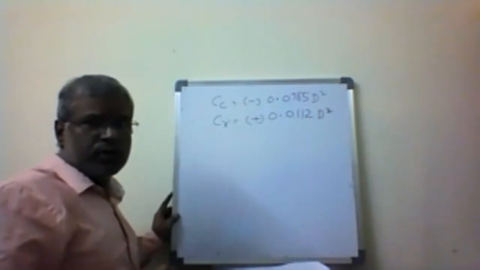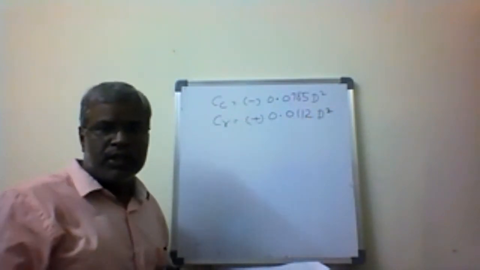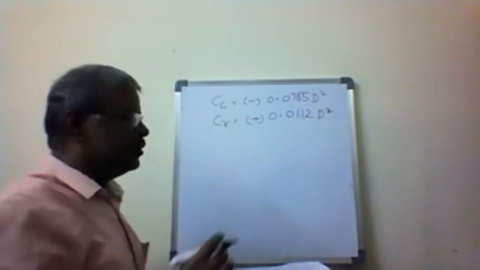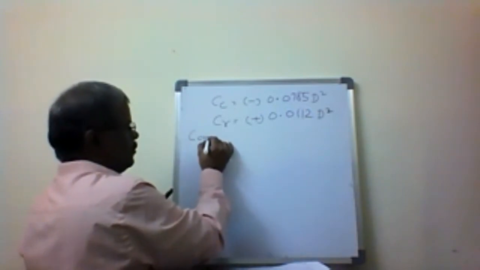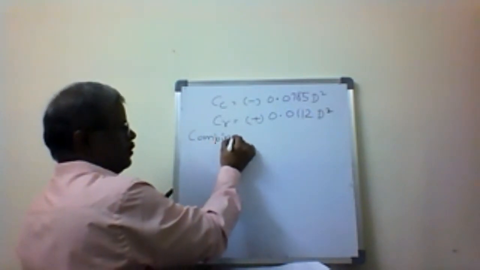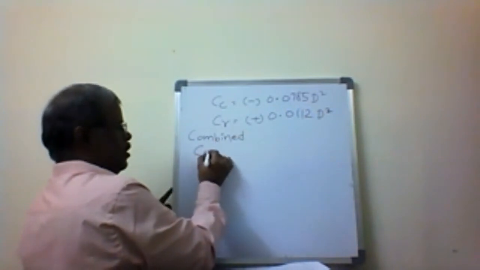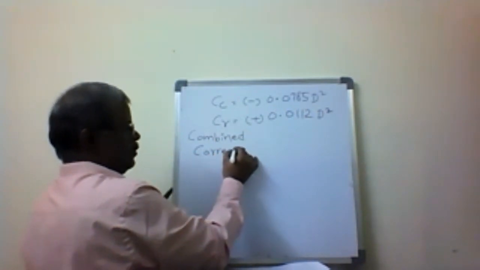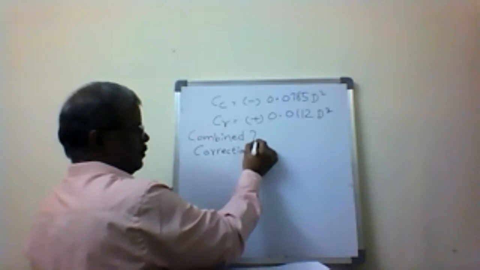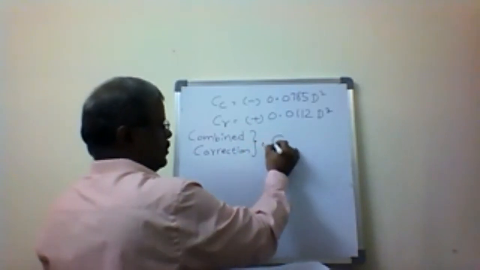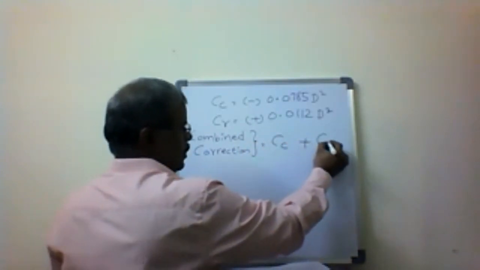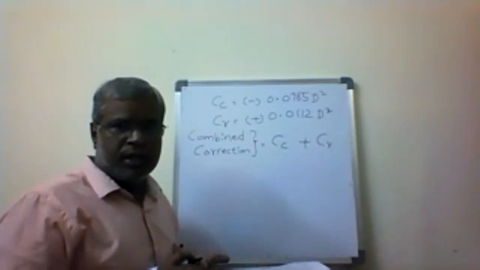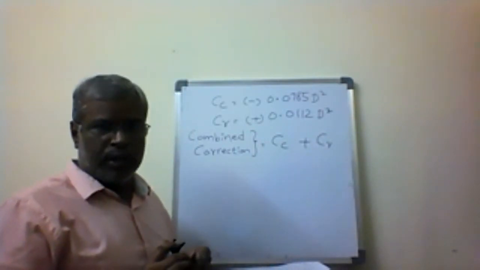By using this coefficient of curvature and the refraction correction, we have to go for the combined correction. What is the combined correction? That is CC plus CR. Curvature correction plus refraction correction is the combined correction.